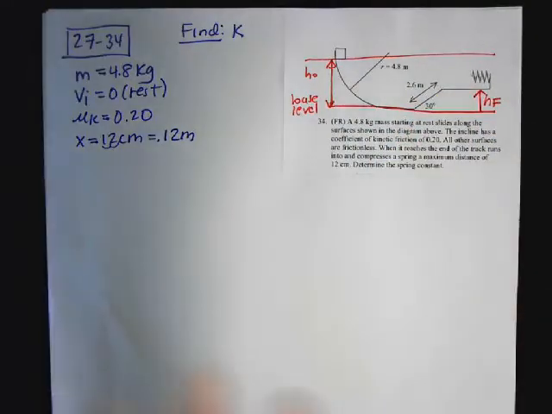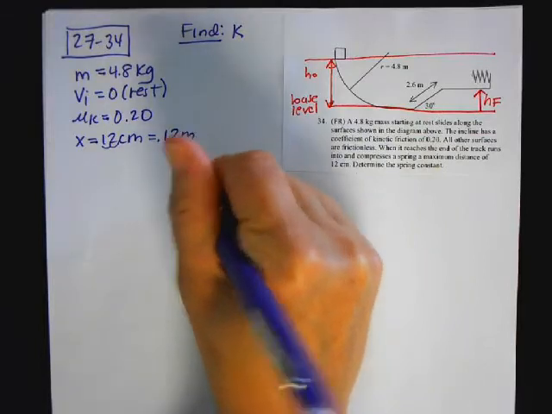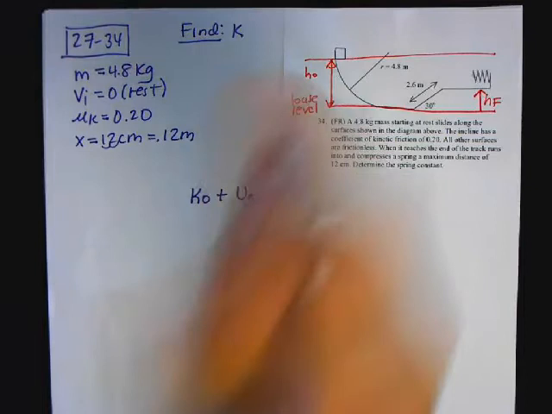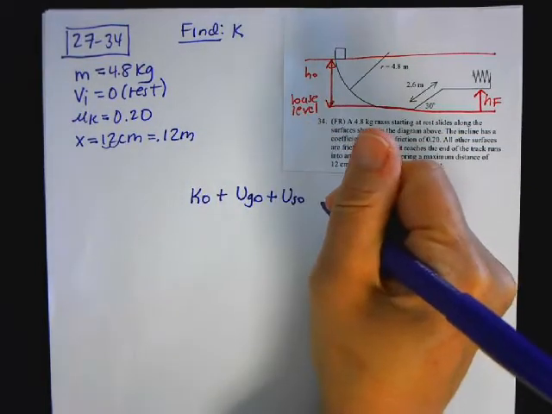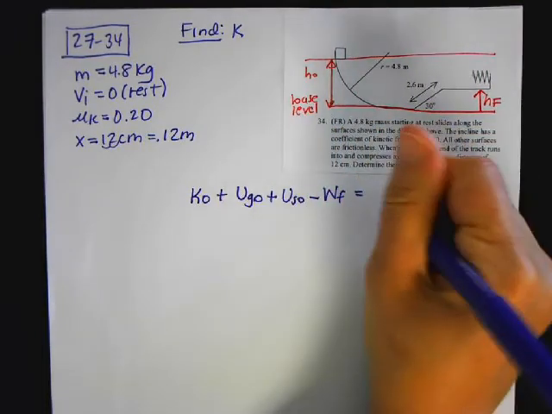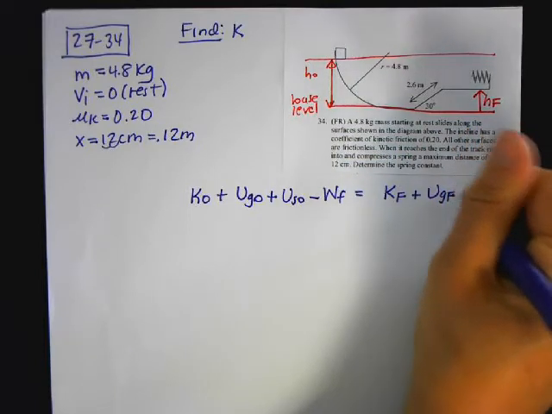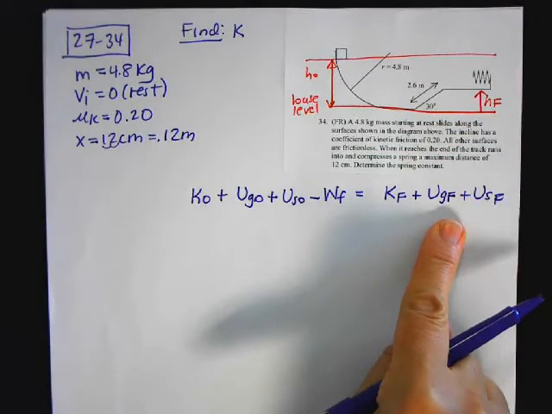So when I write my statement, I'm going to say K naught plus U_G naught, this is the gravitational potential energy, plus U_S naught, minus the work done by friction is equal to K_f plus U_Gf plus U_Sf. So this is a statement saying conservation of energy.